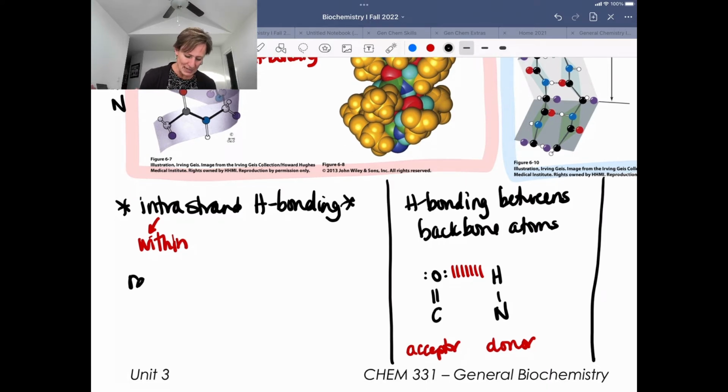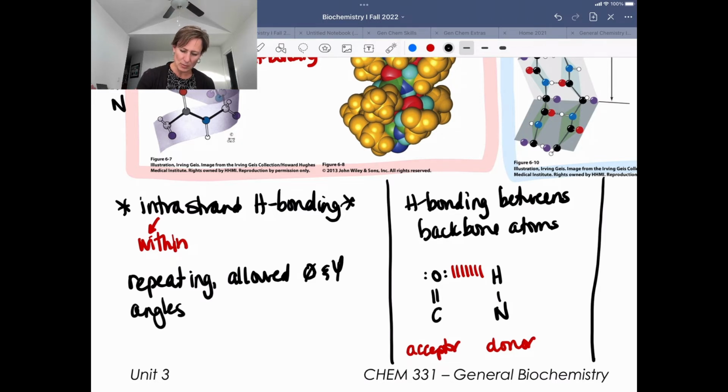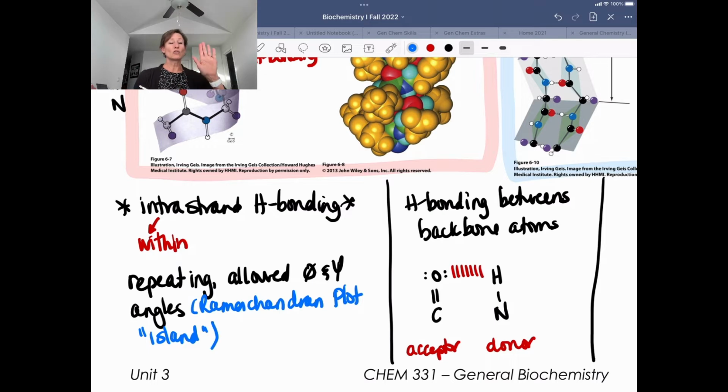So when we have repeating, allowed phi and psi angles, those angles represented by the Ramachandran plot, that's a Ramachandran plot island. One set of regular repeating allowed phi and psi angles allows us to create an alpha helix.